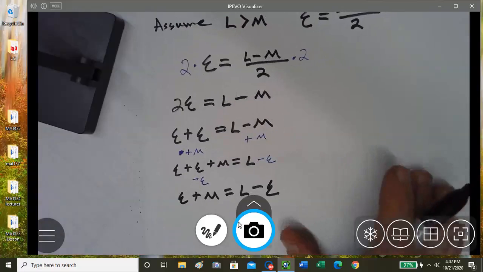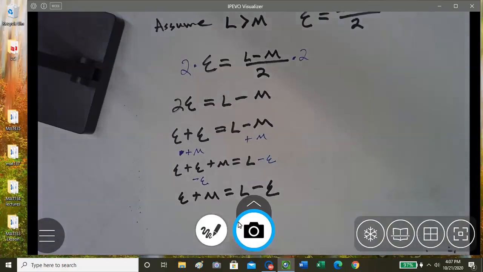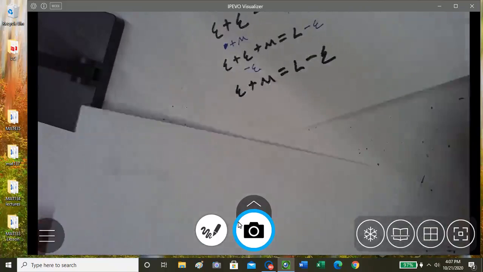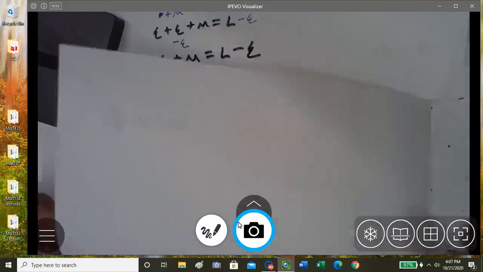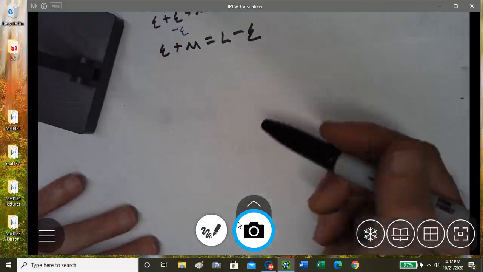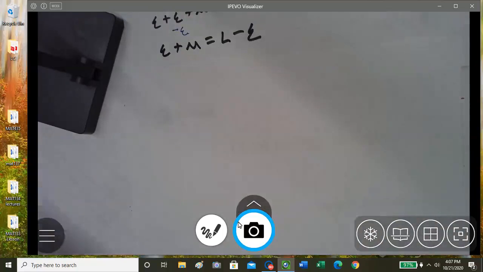All right, why do we want to do that? Well, because when we look at f of x, let's set this aside for a moment.